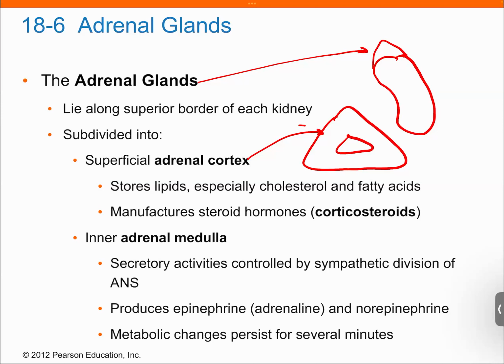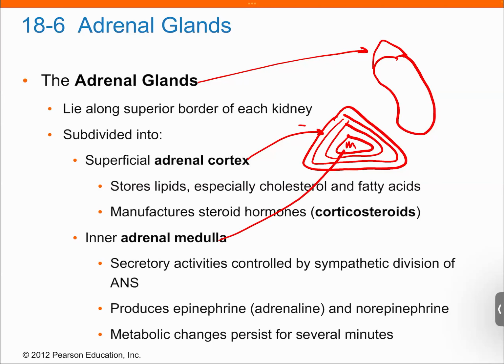So the adrenal cortex is the outer layer, which itself actually has three different layers. And then you have the medulla, which is the core of the adrenal glands themselves.